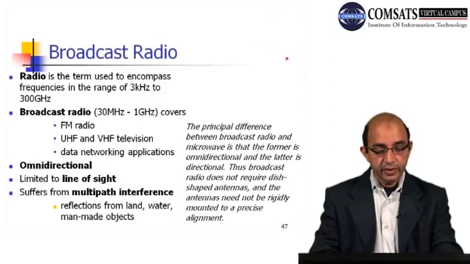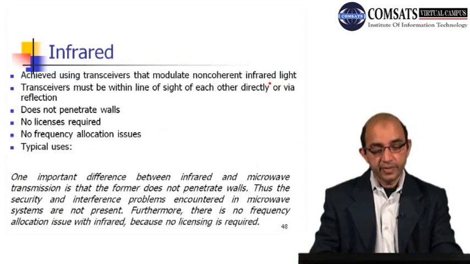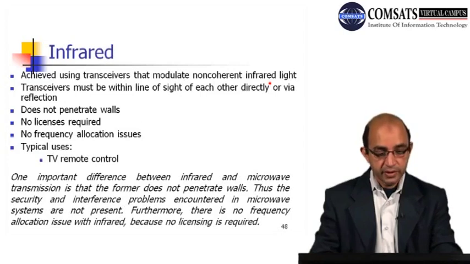Here we have FM radio, UHF, ultra high frequency, and VHF, very high frequency. For omnidirectional, we have limited line of sight, and the bottleneck is multipath interference. And here we have infrared. For example, a TV remote control is a device which is using the infrared spectrum.